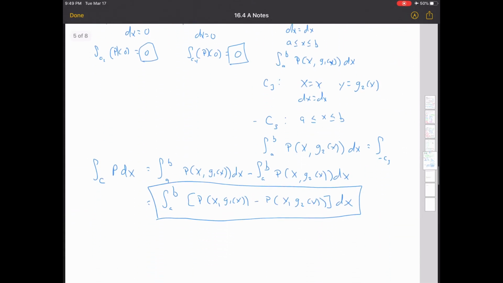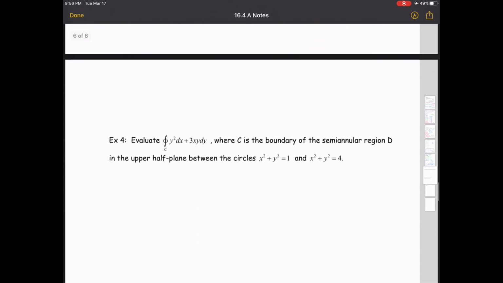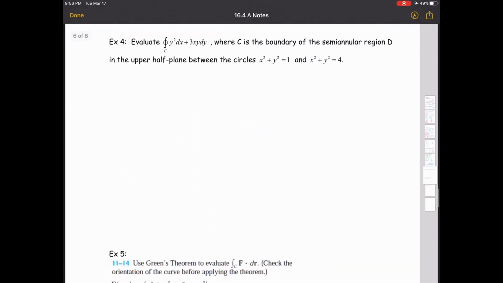So let's move on to actual examples. These next two examples should go pretty quickly, and then there's one last concept right at the end that we'll talk about. So let's evaluate the line integral of a closed and counterclockwise, or positively oriented, region.